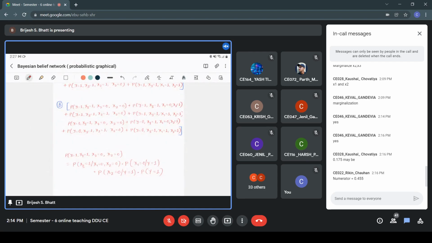The numerator is 0.455. I'm doing some computations for everyone to understand, if you are still finding it difficult.